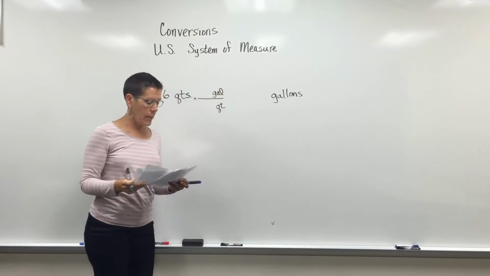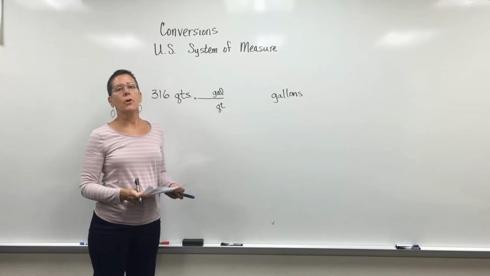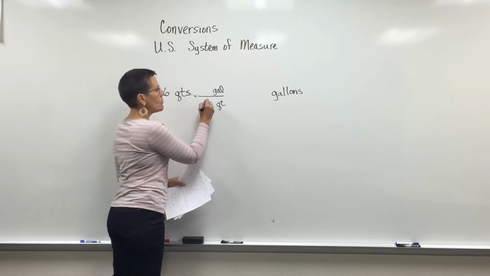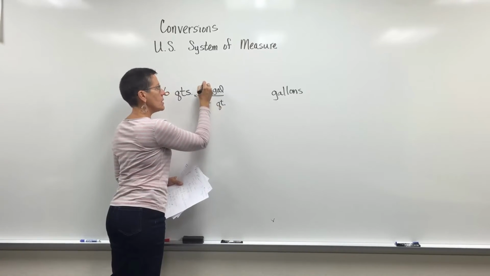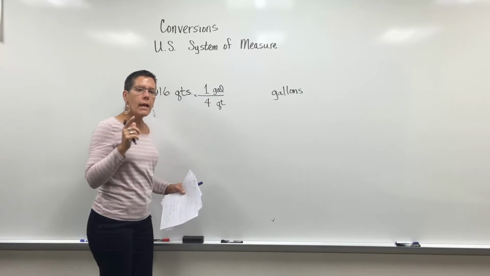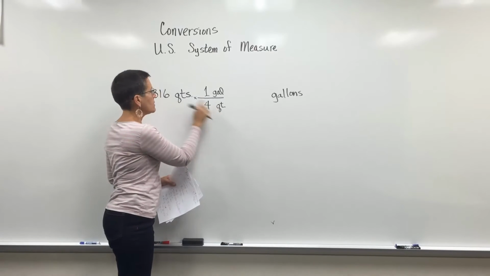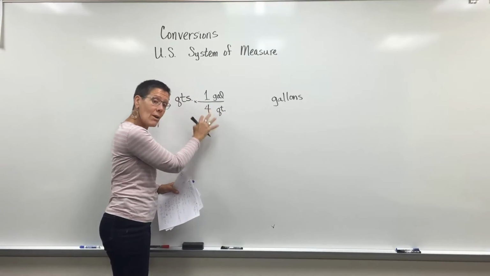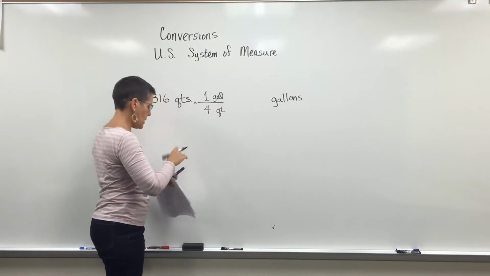In case I don't know it, I get this sheet out and look for it and I see that there are 4 quarts in 1 gallon. And that tells me, because this word quarts is in the numerator and this is the denominator, to put the 4 downstairs now and the 1 upstairs.